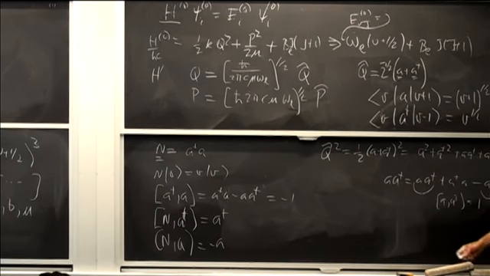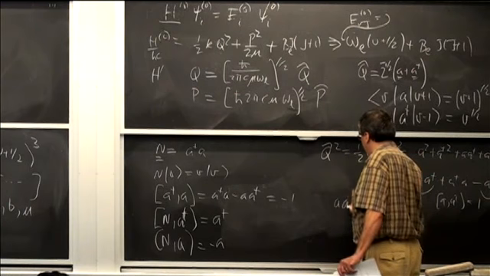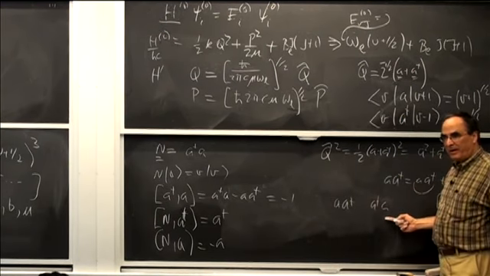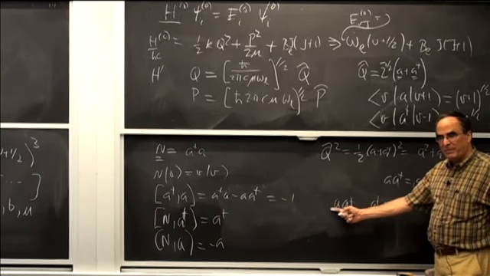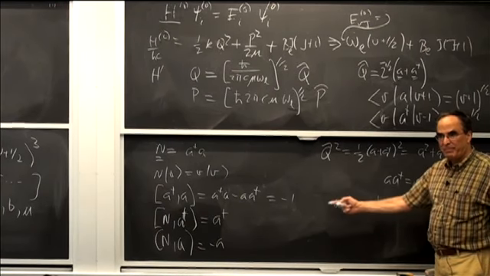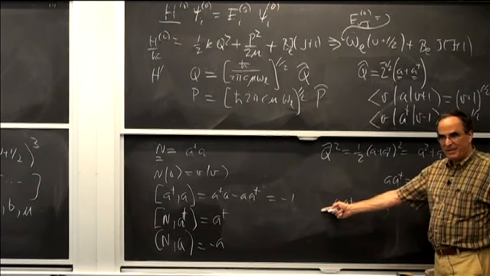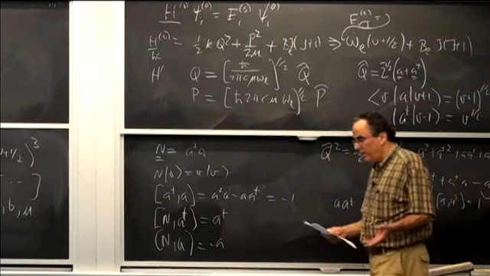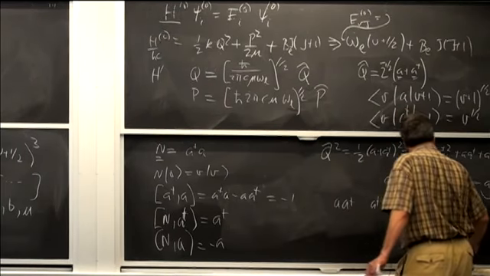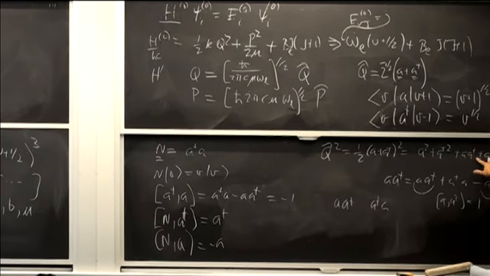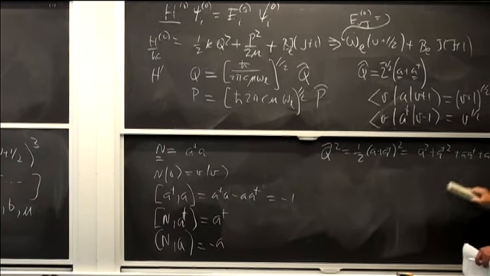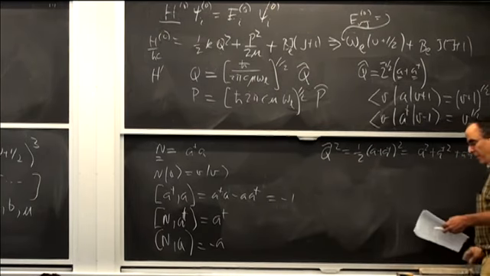And so each time you have a term like a a dagger, you're going to get a number operator, but you're going to get something extra from this one because you had to permute. Okay, and so it turns out you can very quickly look at these sorts of things and write down what they are in terms of the most compact form.